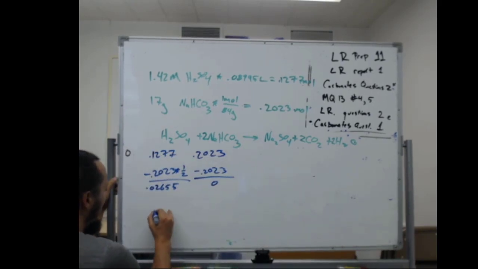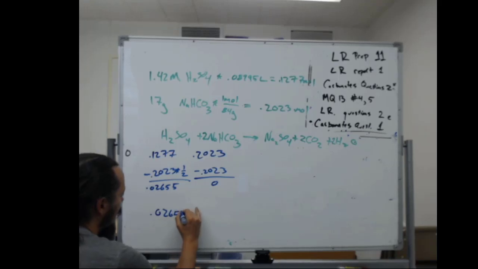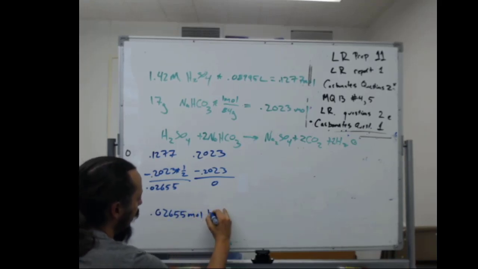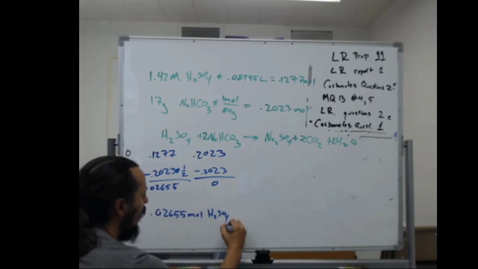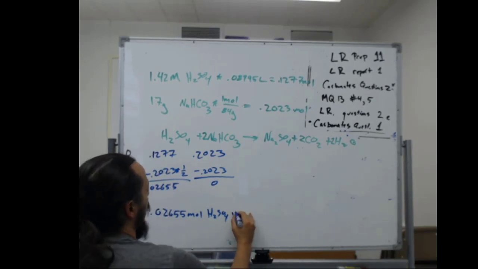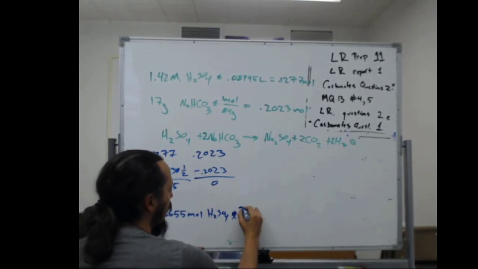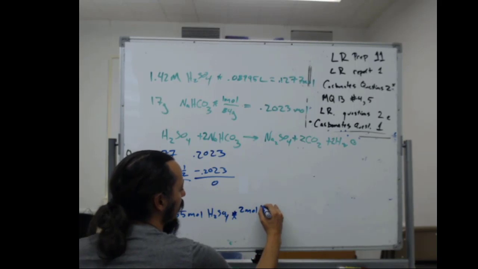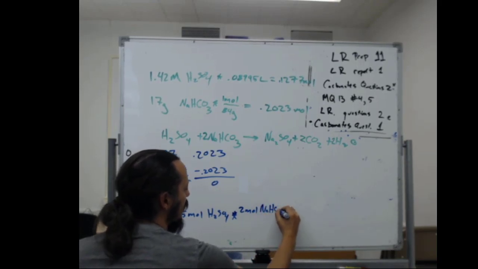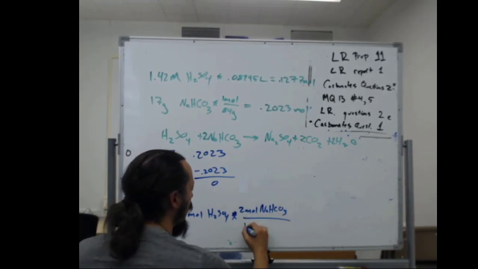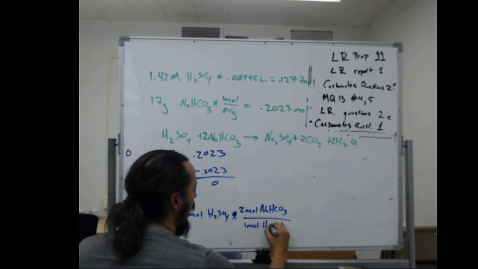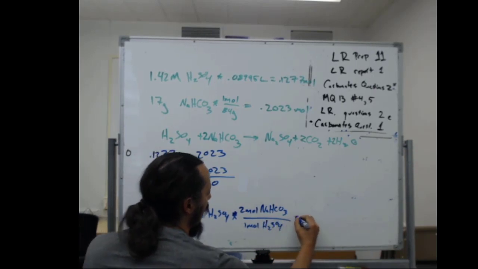So now I'm going to figure out how much sodium carbonate it takes to react with this leftover acid. I'm going to do 0.02655 moles H2SO4 times the mole ratio, 2 moles NaHCO3 for every 1 mole H2SO4.